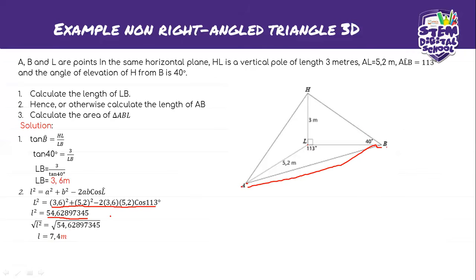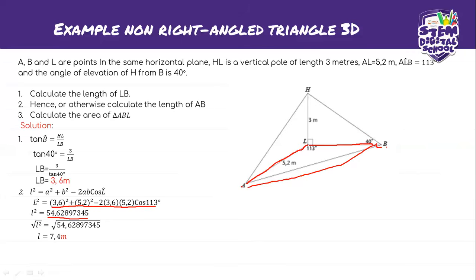The last question. It says calculate the area of triangle ABL. Let's go to triangle ABL. AB is this one, and then L, meaning this triangle here. So we are going to calculate the area of this triangle here.